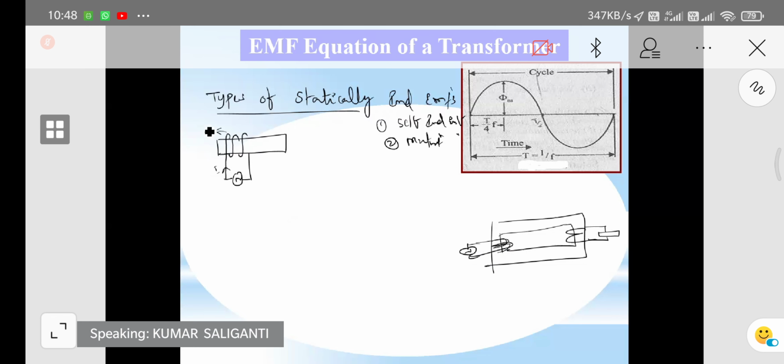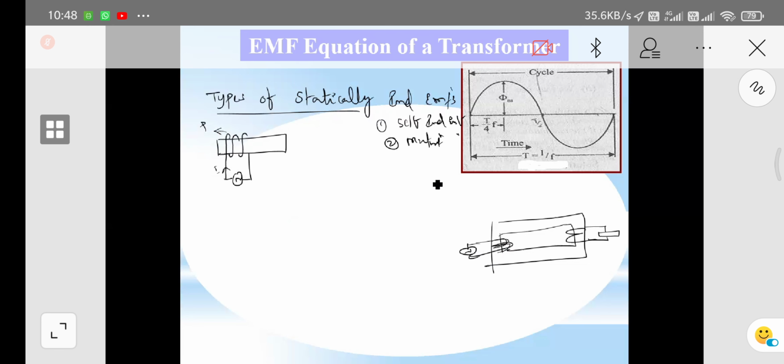So the self-induced EMF is the statically induced EMF in a coil, due to the time varying nature of the current through the same coil.